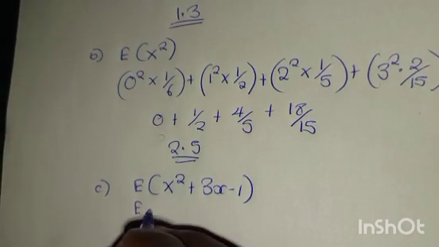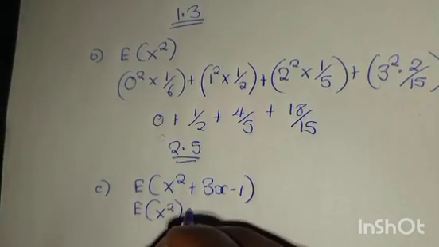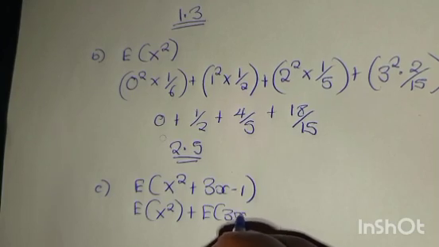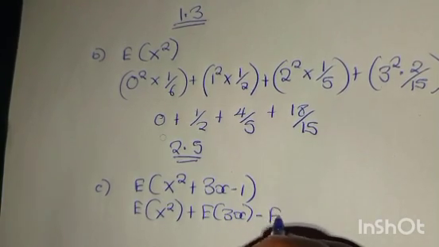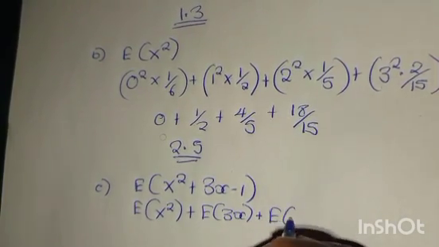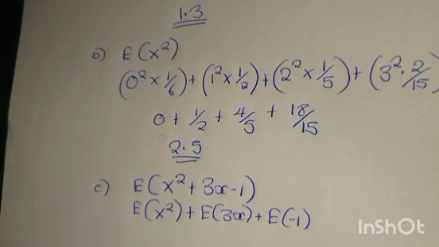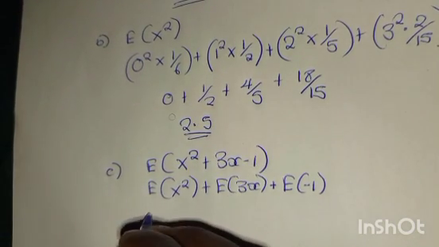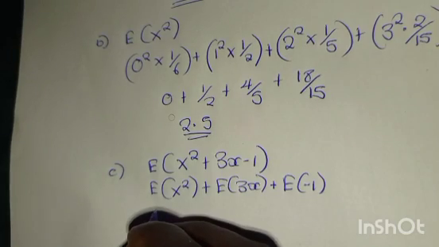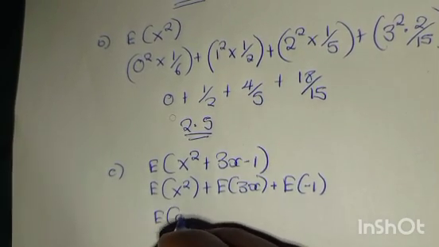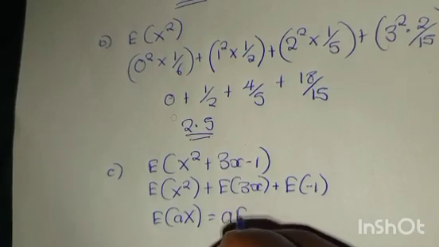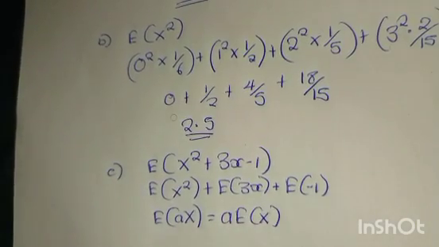So you will have the expectation of x squared plus the expectation of 3x, plus, then we put the negative in the brackets like that. We need to note that if we are given the expectation of ax, this is the same as a times the expectation of x.